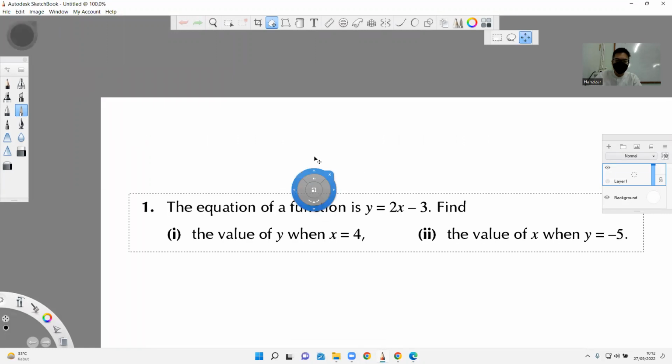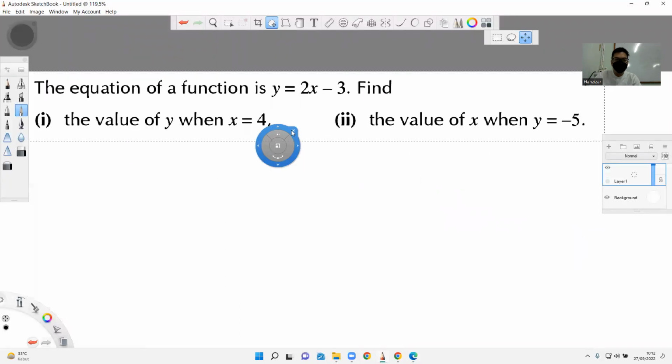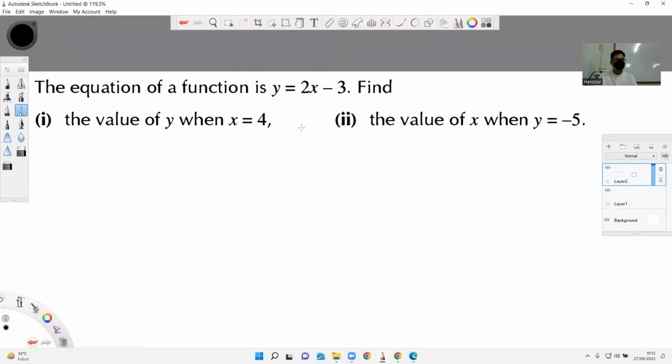We have this: the equation of a function is y equals 2x minus 3. This is the function as it is given in your book also. You can look at your book as well. The function is y equals 2x minus 3.